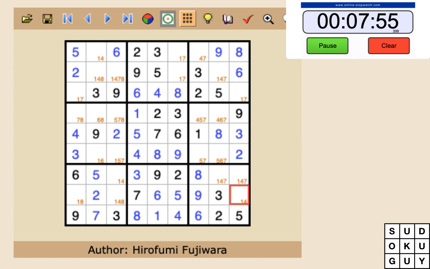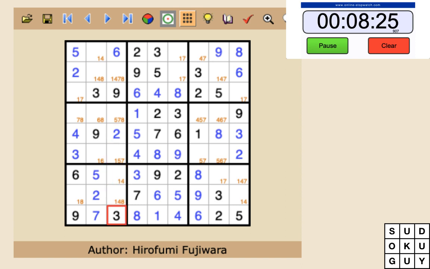Okay, this can't be a 4, because if it was, there'd be no place for the rightmost column to put a 4. That didn't help a whole lot, but it was something. Okay, this can't be a 4, because then the bottom left box would have no place to put 4s.